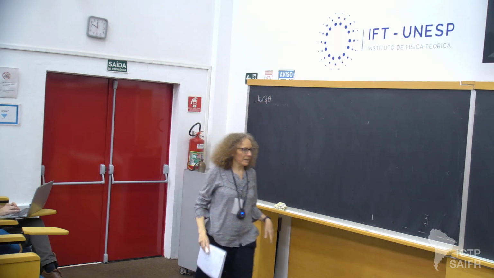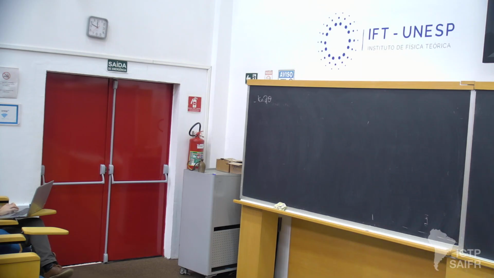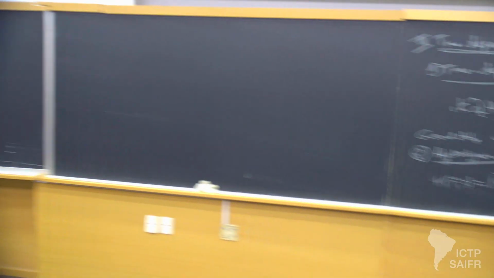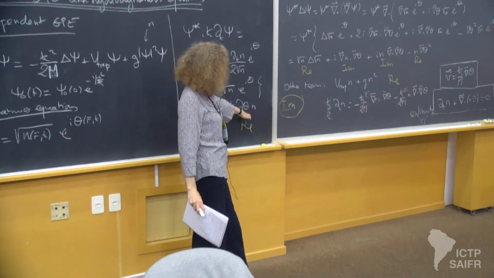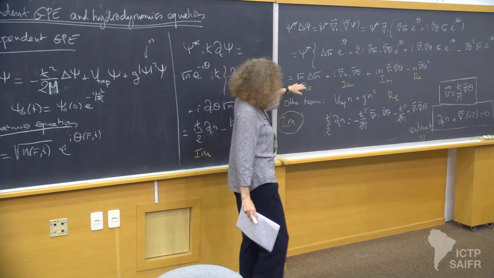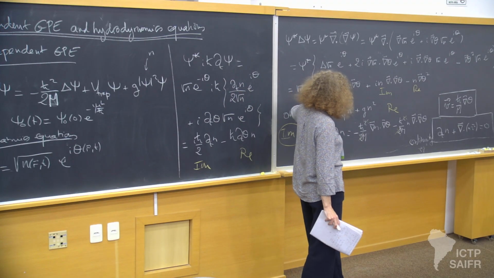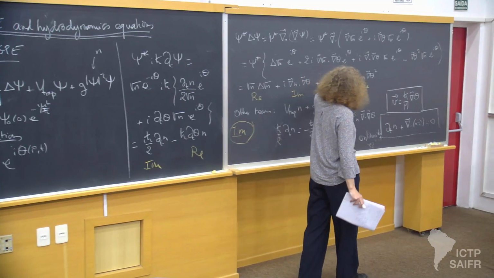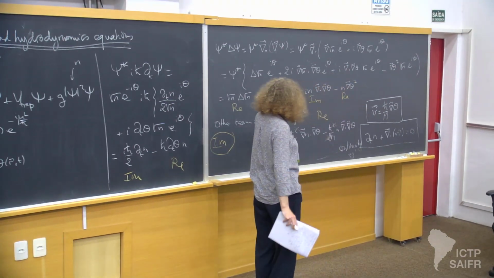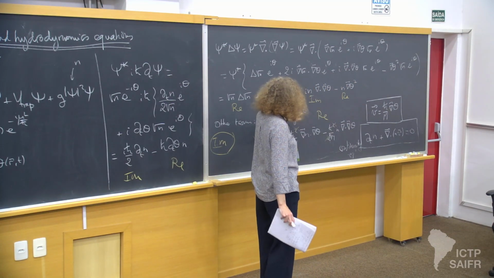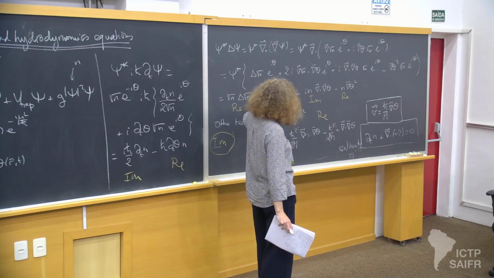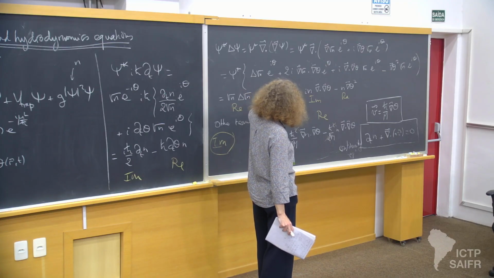So first, immediately, it's proportional to n, you see? And here there is an n, here there is an n. Okay, here maybe I missed an n. No? Okay, that's like that.